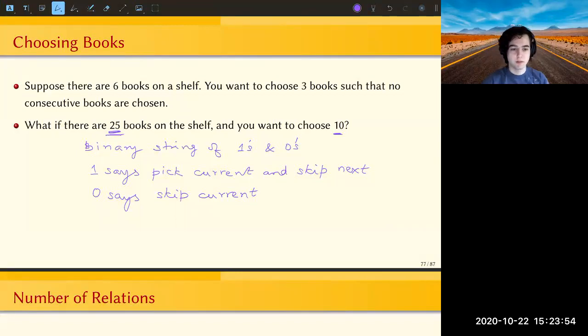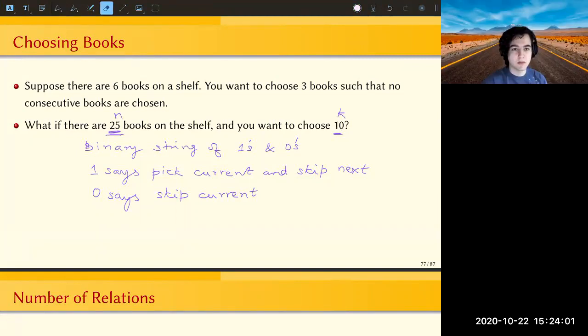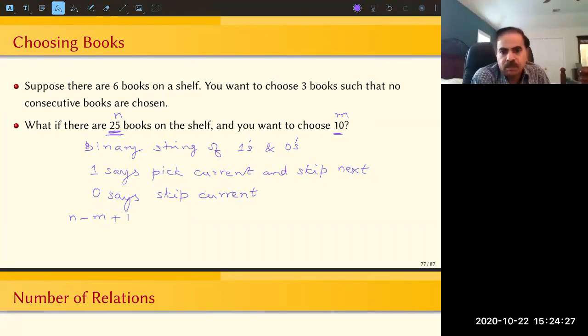So let's call this N, and let's call this M. I think we just need n minus m bits, because for every 1 bit we choose 2 books, so we only need 1 more for the zeros. I think that comes out to n minus m. So I think the answer is n minus m plus 1.